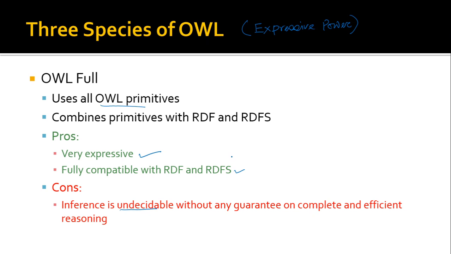If you put forward a reasoning question, a query, to a system following this OWL Full specification, you may not get any answer within a bounded amount of time, right? So the inference in that case is called undecidable. And if the inference is undecidable, then the reasoning is not that efficient, so you do not have any guarantee on completeness or efficiency, right?